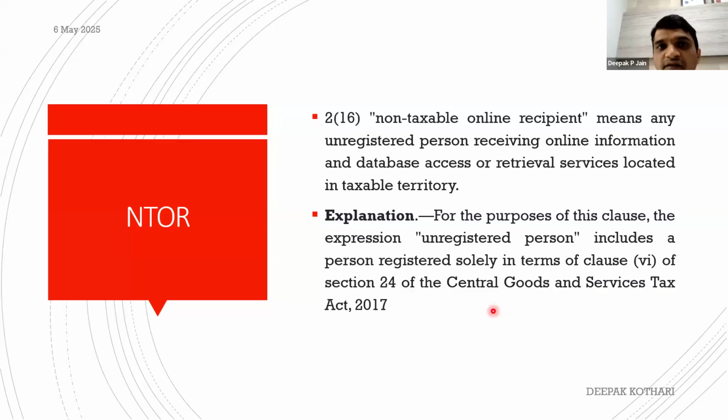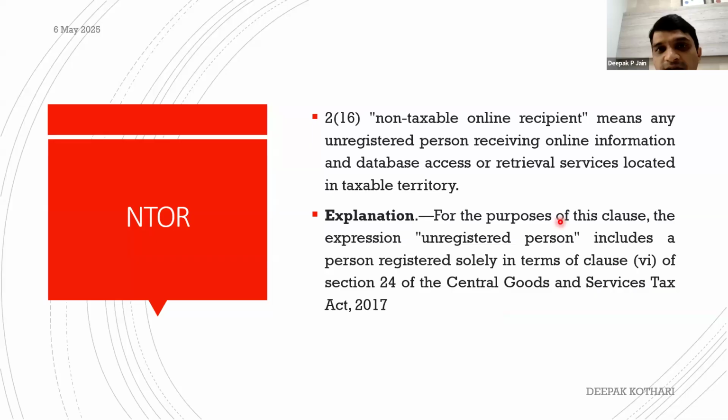So how do you determine when the individual is using it for commercial purposes or non-commercial purposes? That was the issue. So then in 2023, this got amended, and NTOR is very simple now. When any unregistered person receives the OIDR services and is located in a taxable territory, he is treated as an NTOR. Whether he uses it for commercial purpose or non-commercial purpose doesn't matter. He is unregistered, the supplier has to pay.